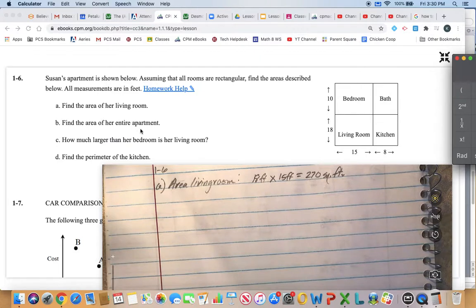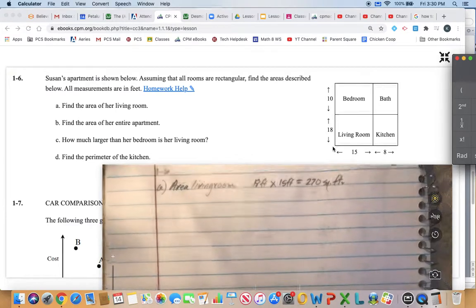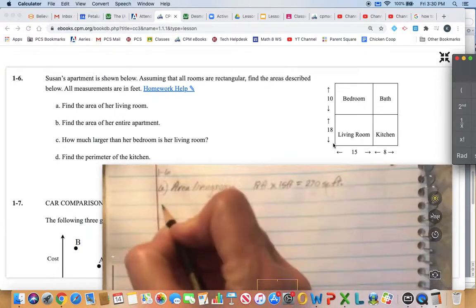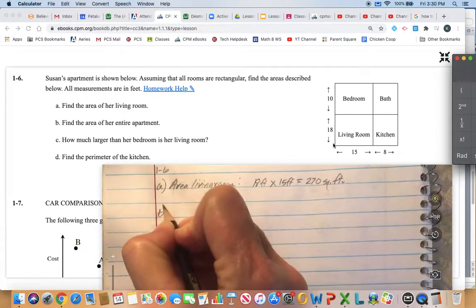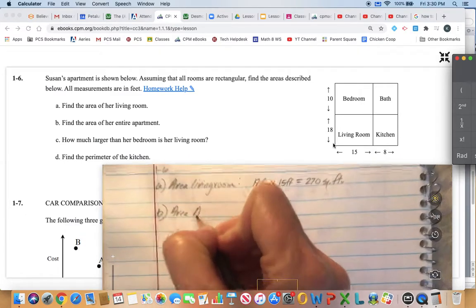Find the area of her entire apartment. Okay, so now we're looking at something different. We're not just looking at 18 by 15. We've got to look at this whole thing, 10 plus 18. So let's write that down. Area of apartment.